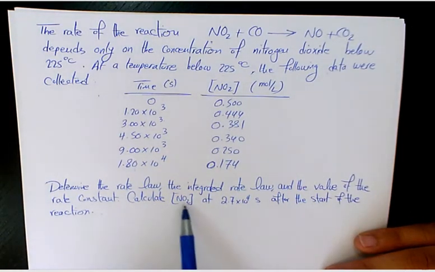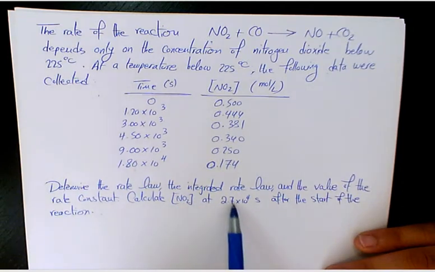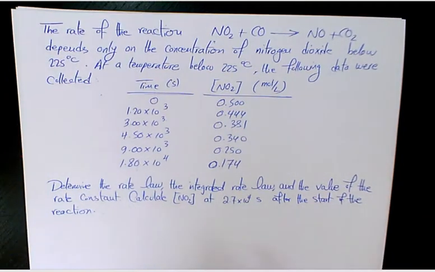Calculate the concentration of NO2 at 2.7 times 10 to the power of 4 seconds after the start of the reaction. As you see here, it didn't mention if it's first order, second order, or zero order. It means that we need to find out the order of this reaction, because it says determine the rate law.